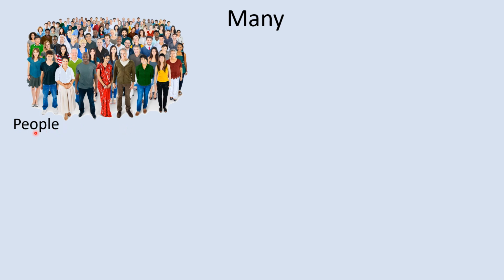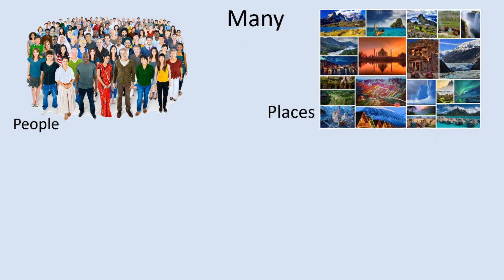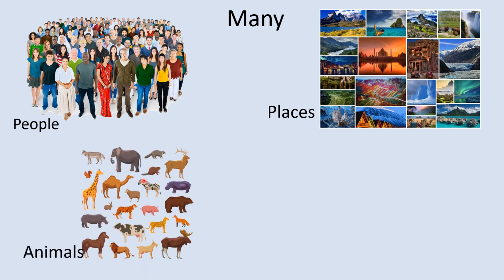For example, people. You can count the number of people, so you use the word many. Places, for any place, use the word many, but it has to be in the plural form. Animals, when we talk about animals, we say many.